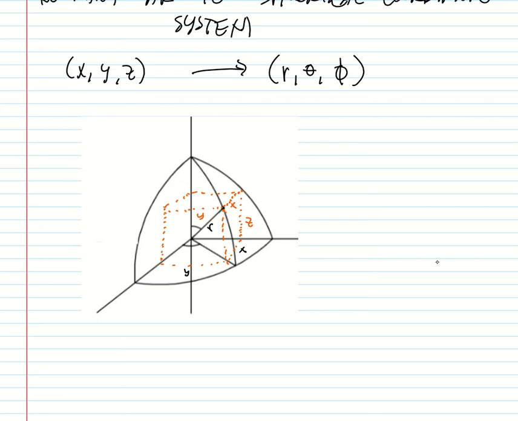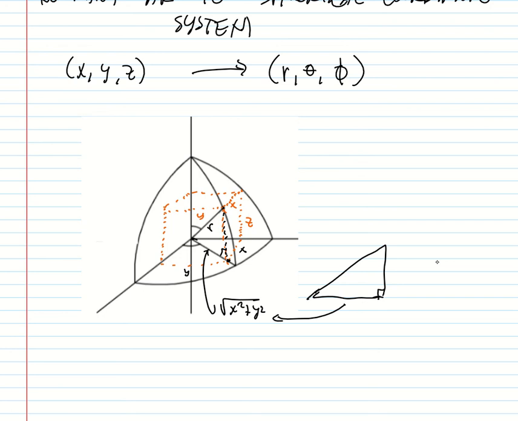First, we can solve for the length from here to this point here, and this length is equal to the square root of x squared plus y squared. Then this is 90 degrees. This length here is z. If we draw that triangle, this is the square root of x squared plus y squared.